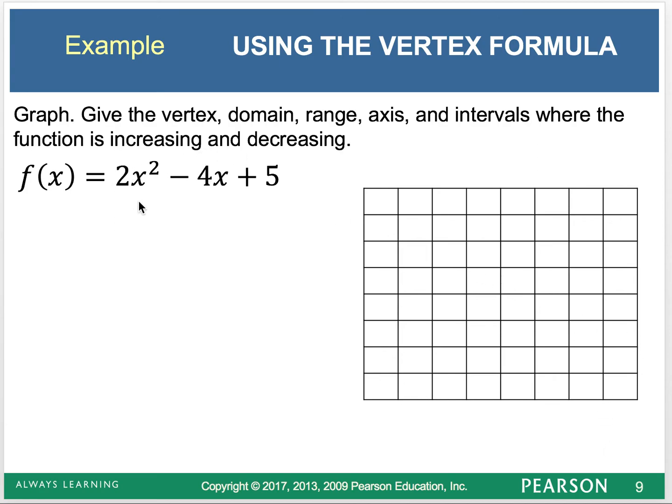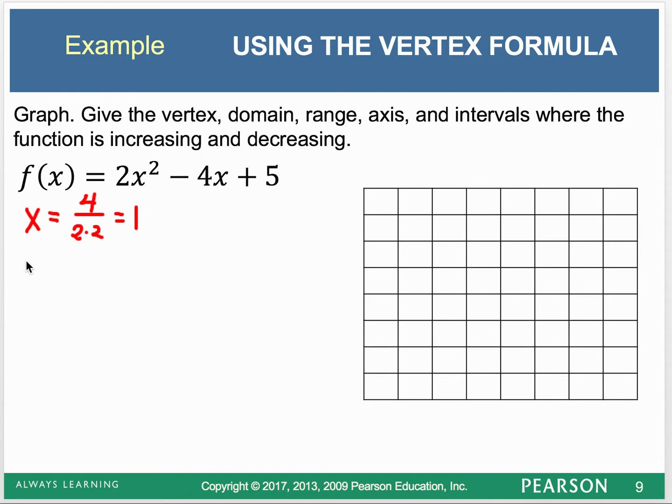Okay, so we're going to graph this. It's not set up where I can use transformation, so the most important thing is to find the vertex. So that is x equals -b over 2a. So negative negative 4 is 4 over 2a. So that's 1.